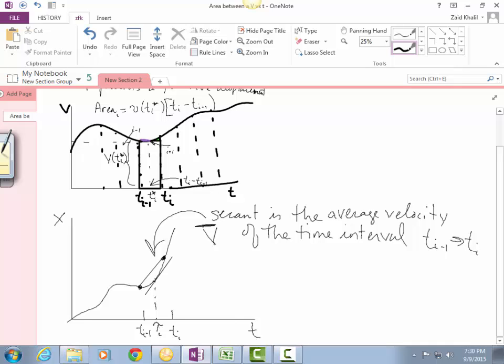Or more specifically, there's going to be a point, tau i, in that interval such that the instantaneous velocity, the slope of that tangent line, is equal to the average velocity.